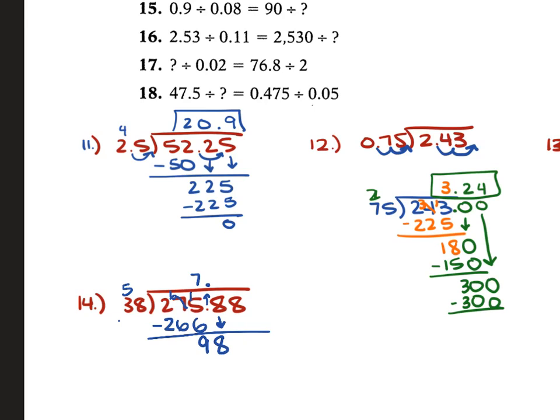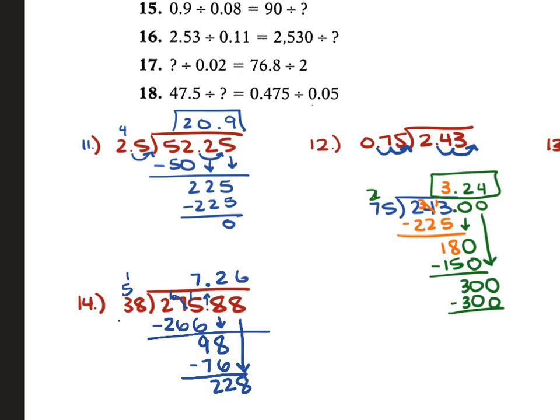So we have 38 goes into 98 how many times? Well, I'm going to try 2. 2 times 8 is 16. 2 times 3 is 6 plus 1 is 7. So if I subtract these, I get 22. That's still less than 38. So I'm going to move down that 8. So 38 goes into 228 how many times? 6 times 3 is 18.